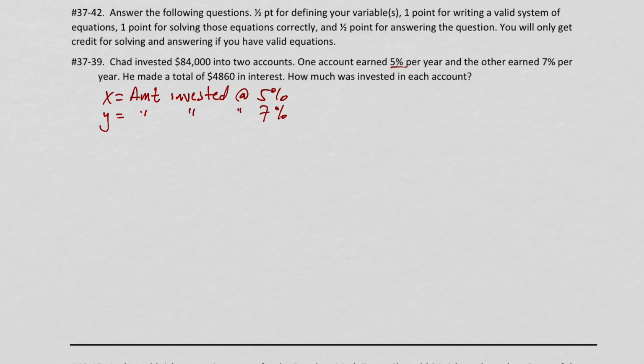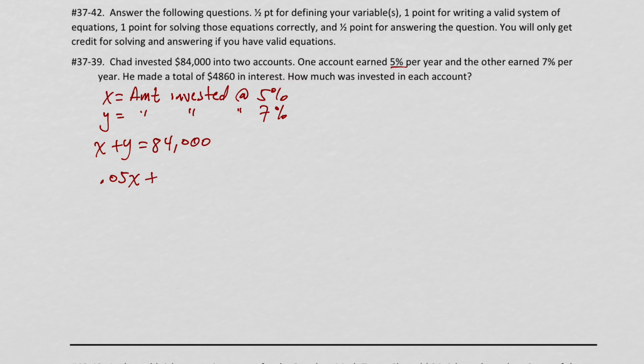Now, here are my two equations. The first equation is the total amount invested, which is a sum of these, so X plus Y is equal to 84,000. The second equation is that we make this much in interest. If I take the amount invested at 5% and multiply by 0.05, this represents the interest you're making in this account.